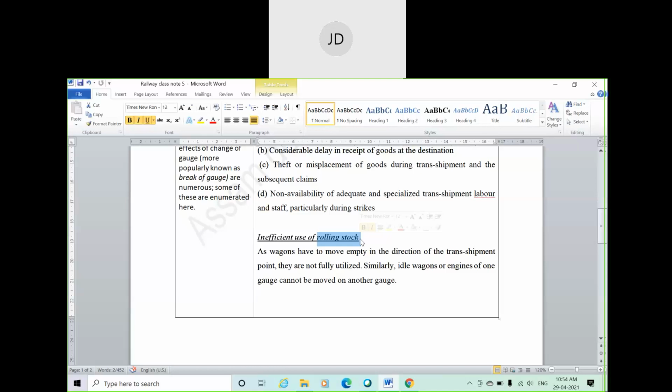It moves empty back to its home, so it falls under insufficient use of rolling stock. As wagons have to move empty in the direction of the transshipment point, they are not fully utilized. Similarly, an idle wagon or engine of one goods train cannot be moved to another. This is also one of the problems.